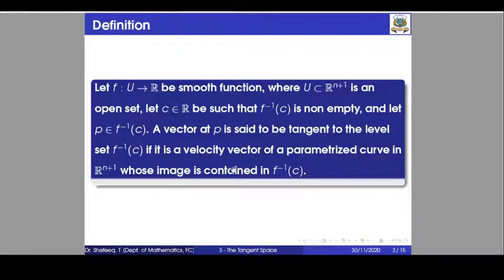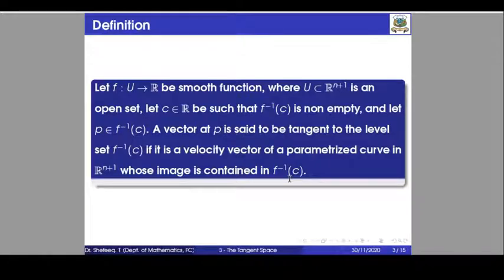Okay, so we have two conditions here. A vector at a point p is said to be tangent to the level set f inverse c if it is a velocity vector. First one, velocity vector of a parameterized curve in R^(n+1), and second one, whose image is contained in f inverse c. These are the two conditions.